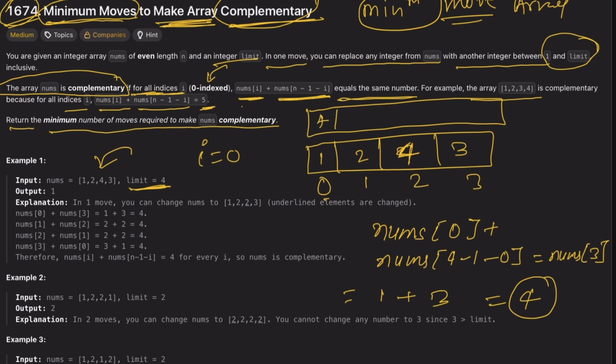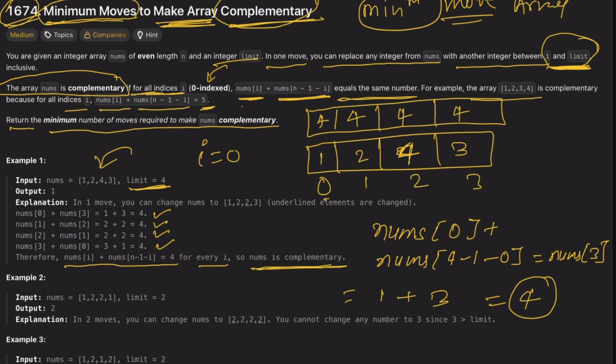Similarly, we'll calculate the other elements. Let's suppose we have 4 4 4 4, like this. So every element becomes 4, and you can replace an integer with a value between 1 and the given limit. For example, nums at i equals 4 for every i. So nums is complementary. Got it?